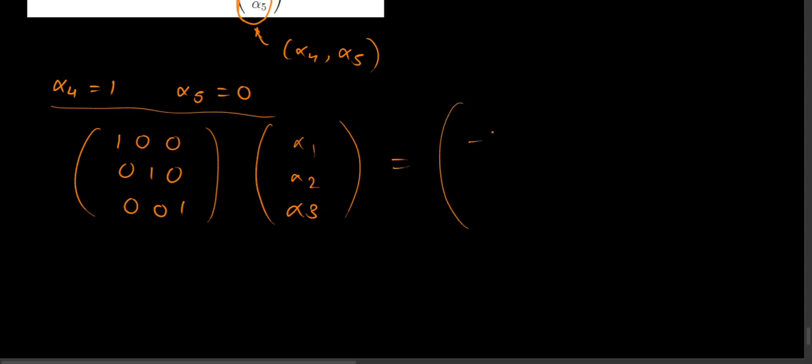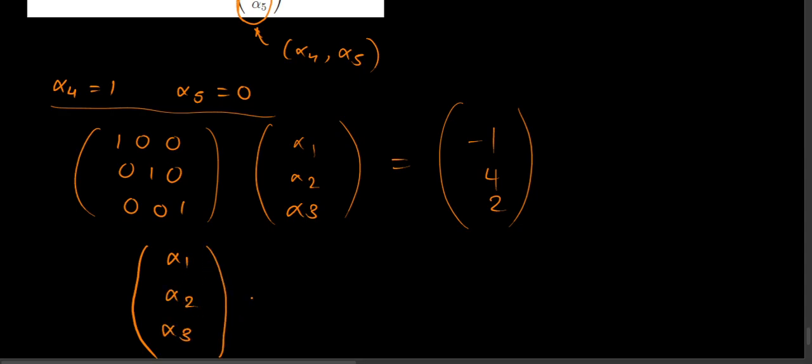So this should be equal to -4, 4, 2. You can just solve this equation to get a solution for alpha 1, alpha 2, alpha 3, by taking the inverse and multiplying this side and so on. That's just the maths which we are not interested in right now. So this will give us alpha 1, alpha 2 and alpha 3 as -1, 2 and 2.